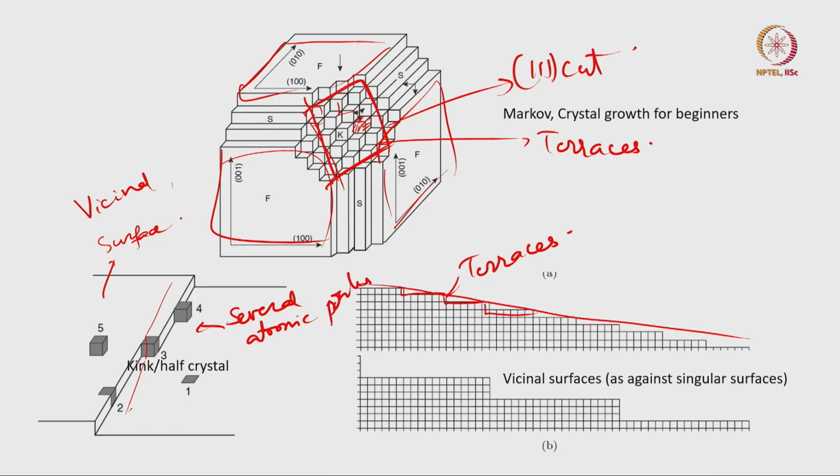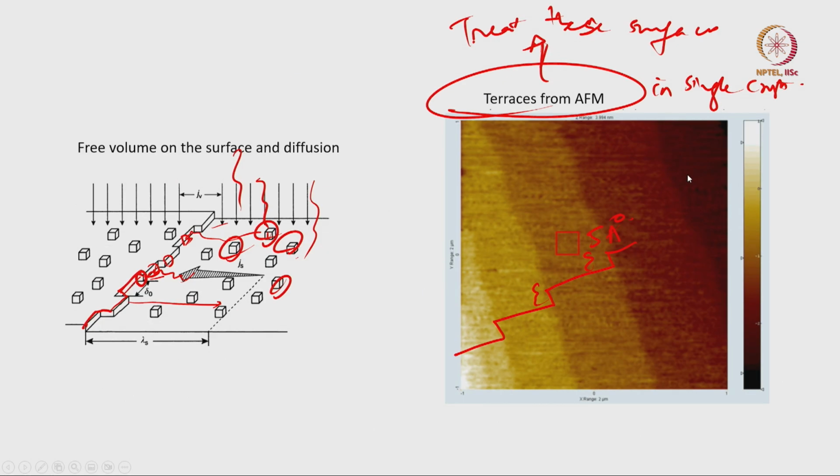Essentially what I am interested in is, if I look at a surface like this, I have all these atoms that are coming and falling on my surface. They are going to diffuse around and find a place to get stuck, right.